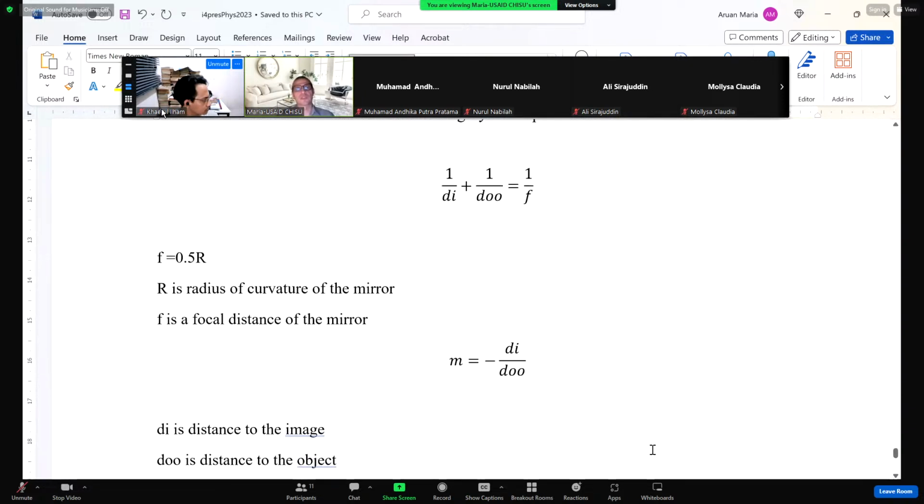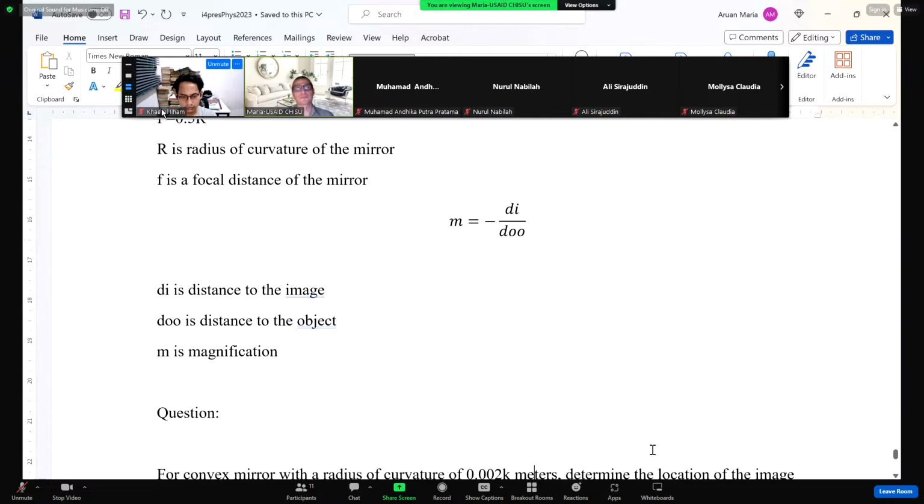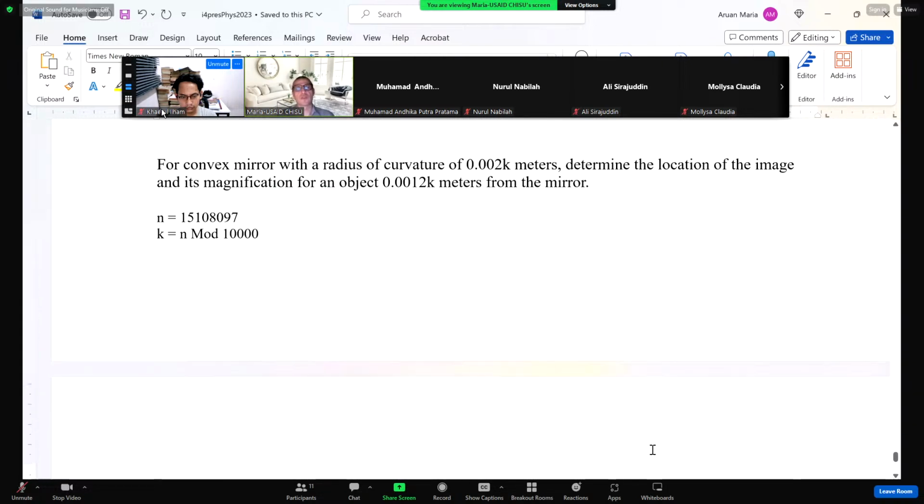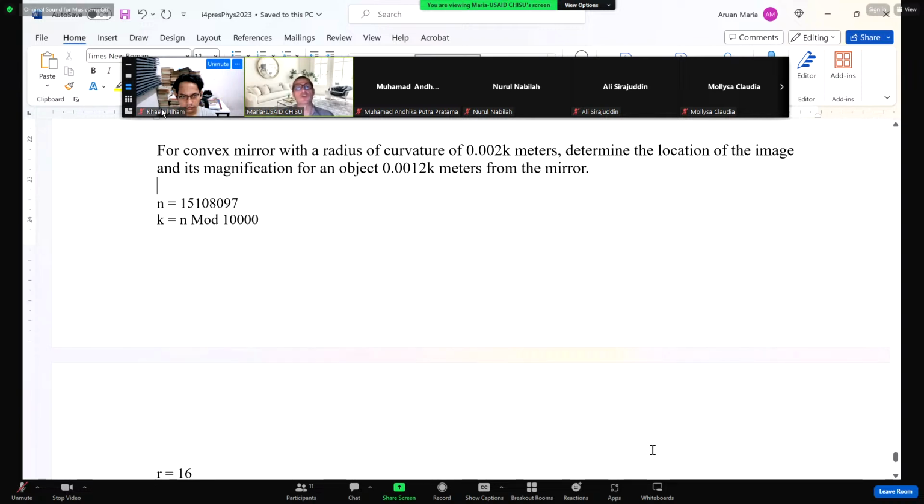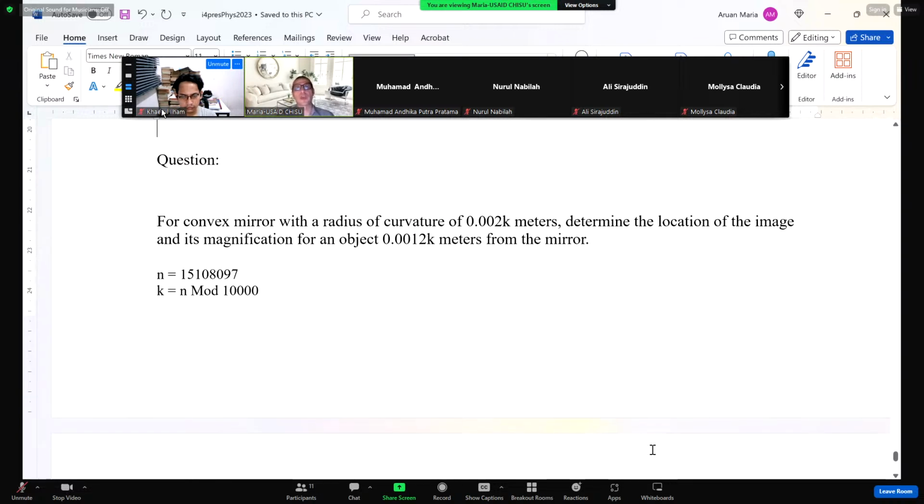Okay. So just like we said before, magnification is minus the distance to the image divided by the distance to the object. And here is the question: for a convex mirror with the radius of curvature 0.02 meters, determine the location of the image and its magnification for an object 0.0012 meters from the mirror.